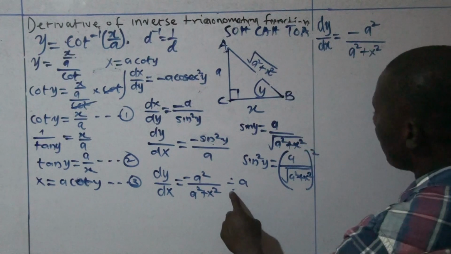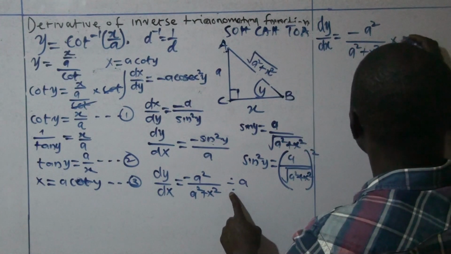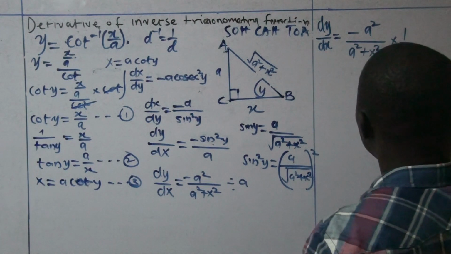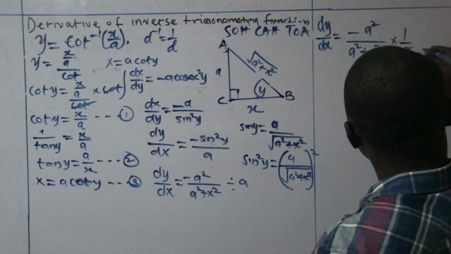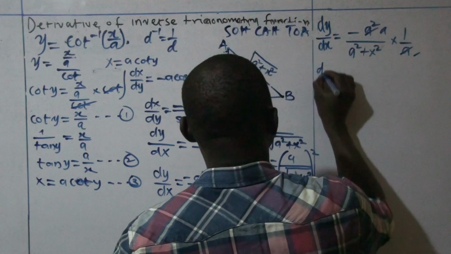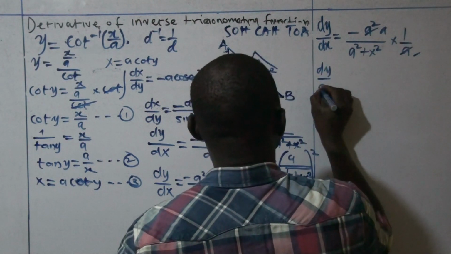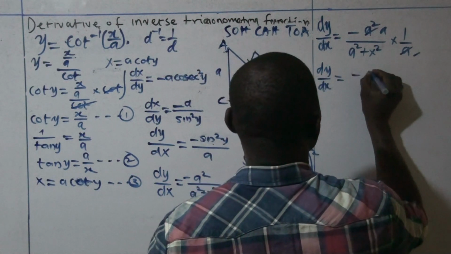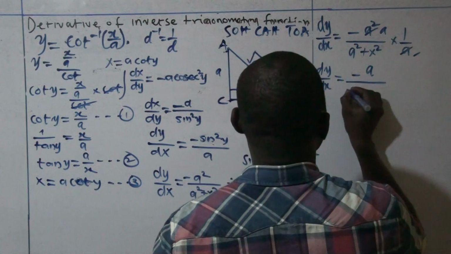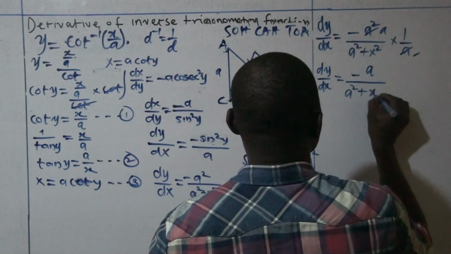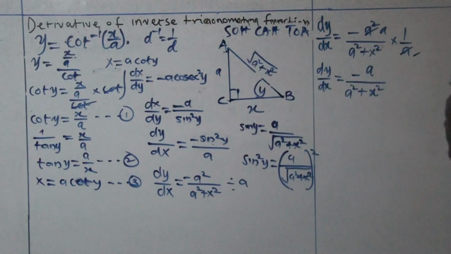We change this sign to multiplication, this becomes 1 over a. So one a will be left here, and here will become a. So dy over dx becomes minus a all over a square plus x square.